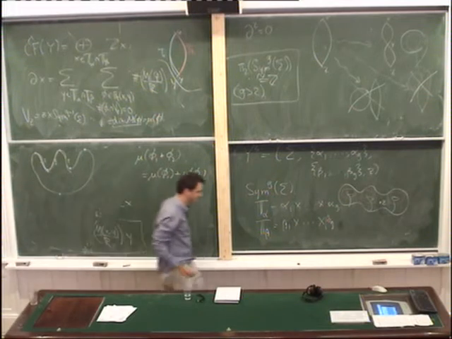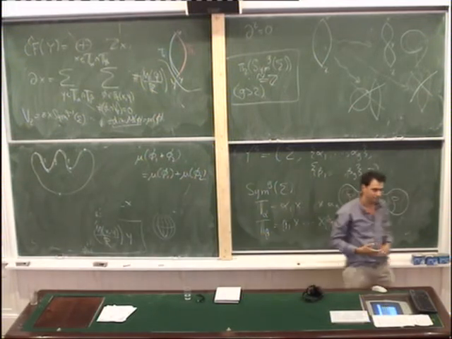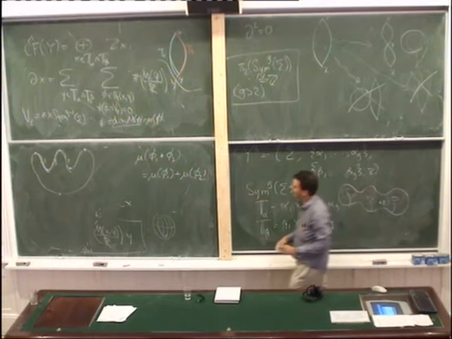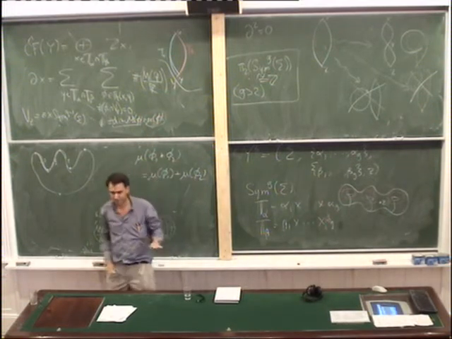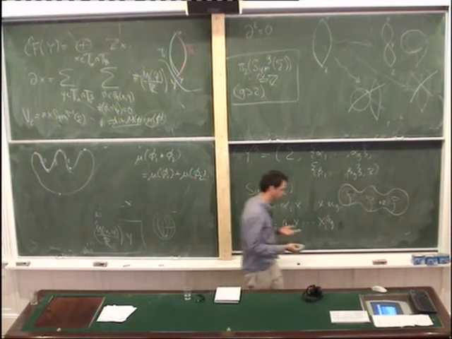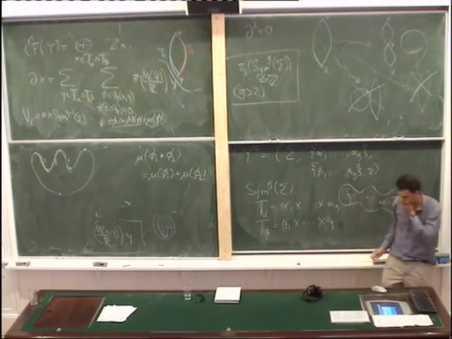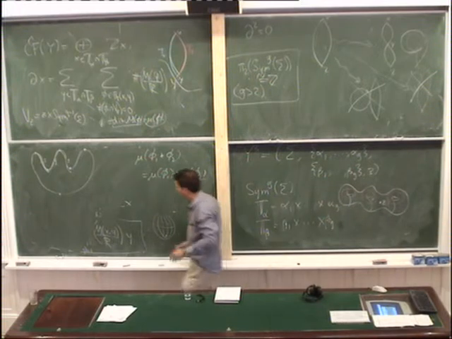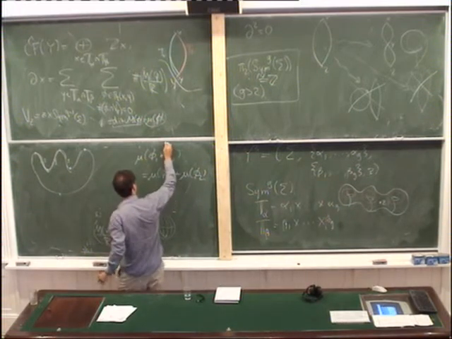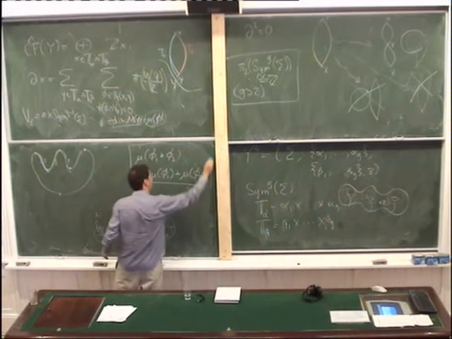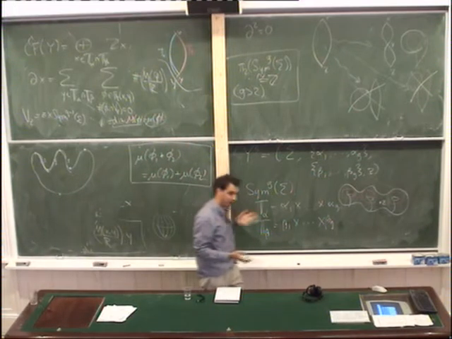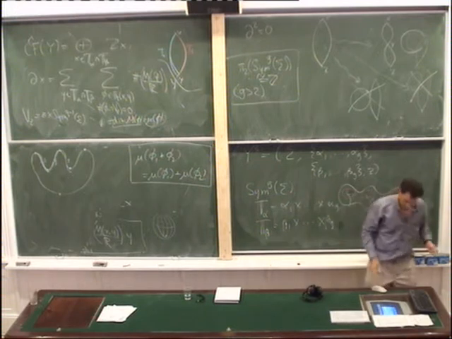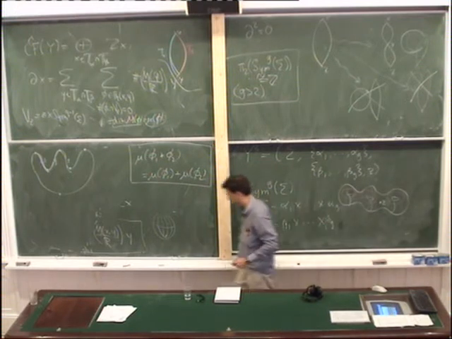So this in practice is the way one computes mu of phi. In fact, mu of phi has a topological interpretation as a winding number. But in practice, it is often useful just to know this general property and a few model cases.